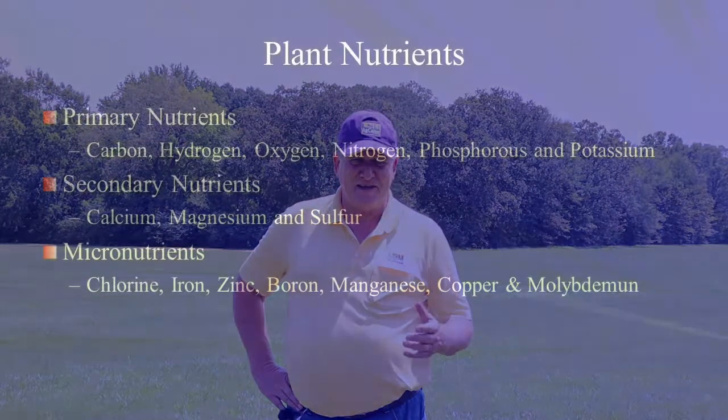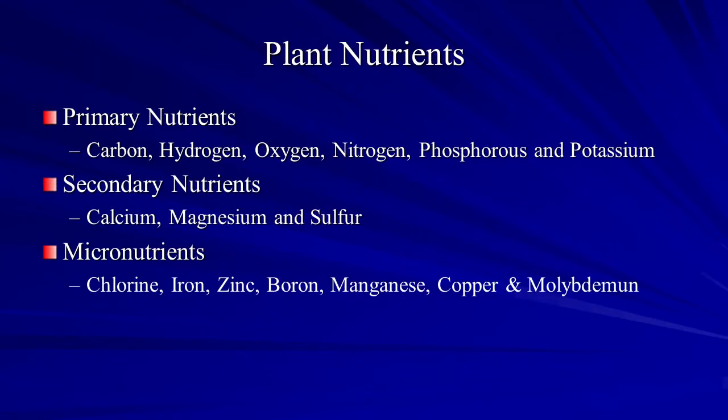The primary elements include carbon, hydrogen, oxygen, which we don't fertilize with. The plant gets that from the air and the soil. And then there's nitrogen, potassium, and phosphorus that are primary elements. And those are the primary ones that we fertilize with.